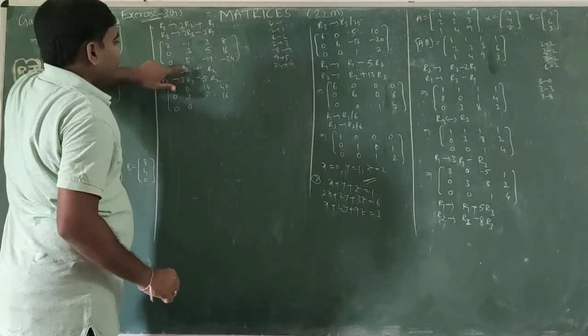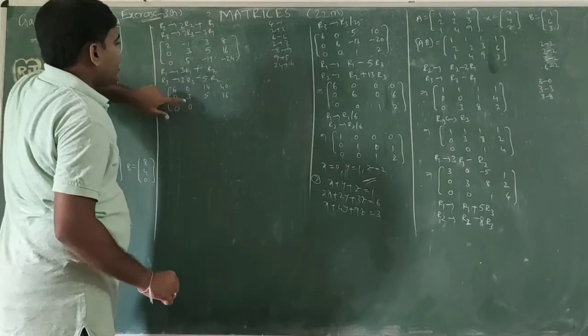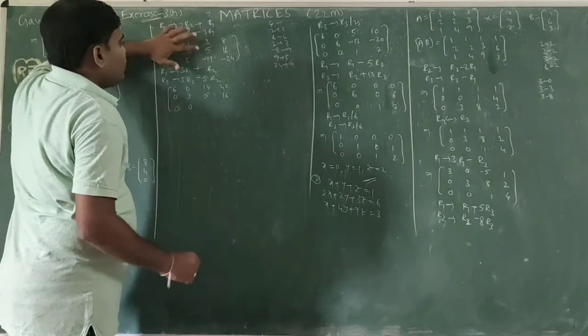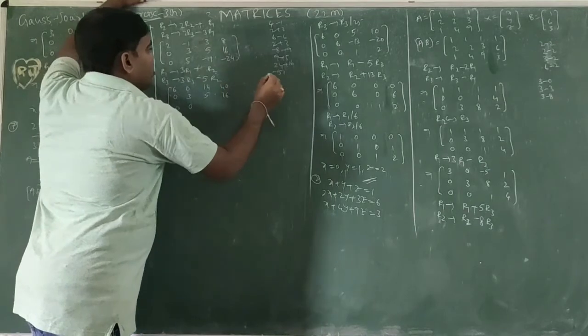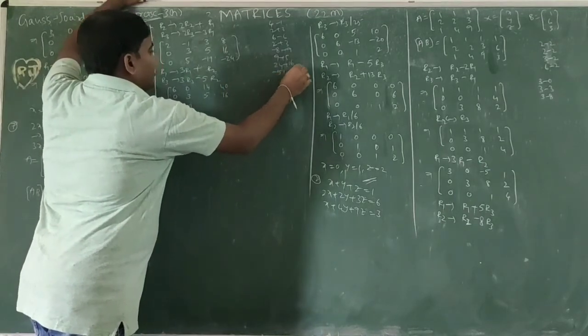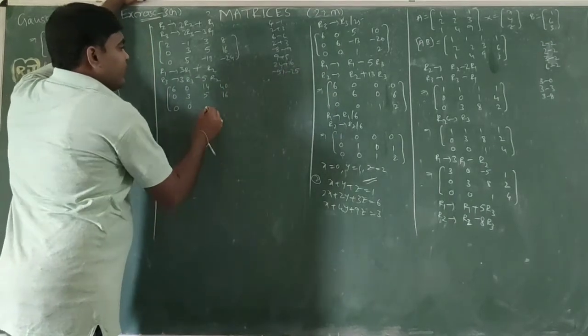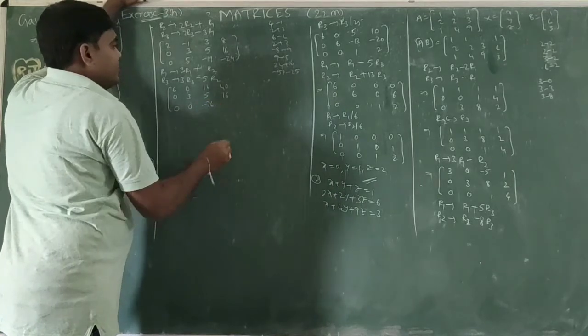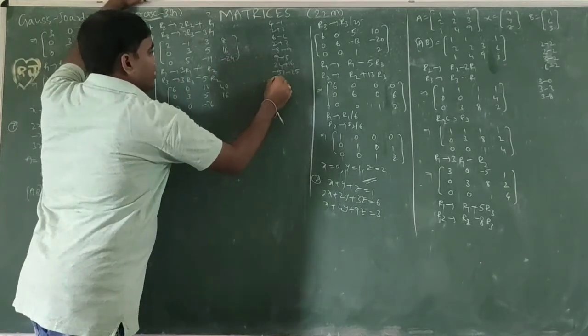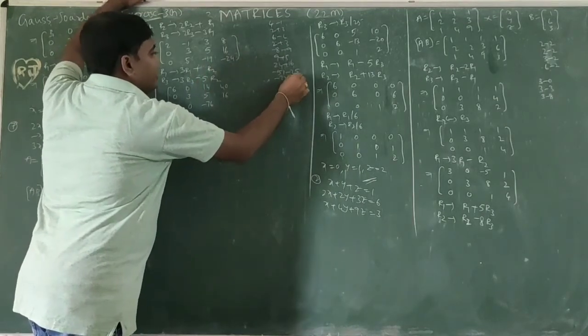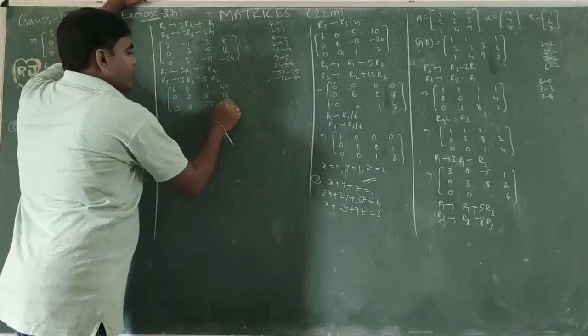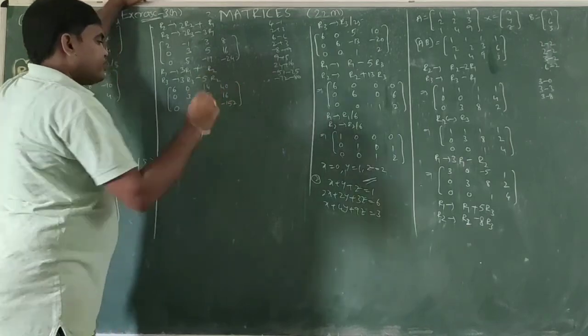To convert this to 0, we write this operation. 3 into minus 17, minus 51. Minus 5 into plus 5, minus 25. Minus 51 minus 25, minus 76. Next, 3 into minus 24, minus 72. Minus 5 into 16, minus 80. Minus 72 minus 80, minus 152.